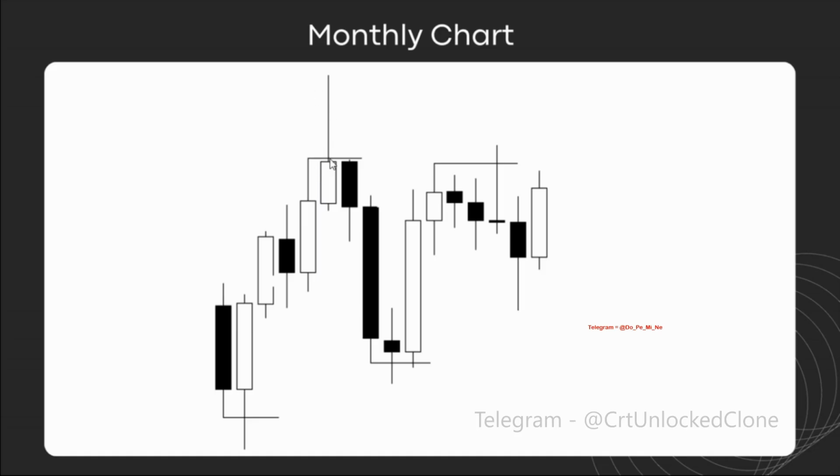So based on these factors, for the next month you would expect bearish prices, and your directional bias would be bearish and lower.